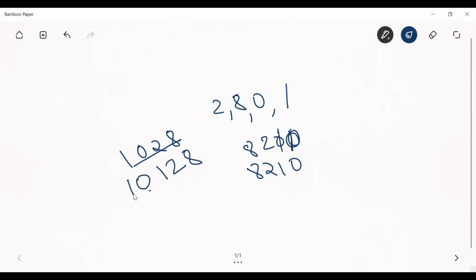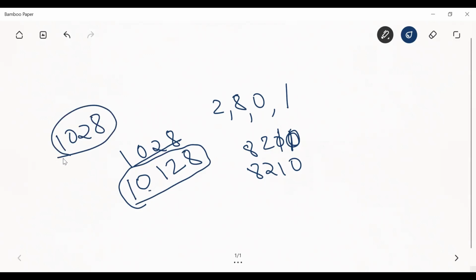No, it becomes a five-digit number, and what we want is a four-digit number. That is why we are writing 1028. This becomes the smallest four-digit number. If we write 0 at the front, 0128, it becomes a three-digit number, which is not acceptable. We are asking for a four-digit number. So we will write according to the numbers' importance. Over here, 8 is the biggest, then 2, then 1, then 0, for the largest four-digit number.